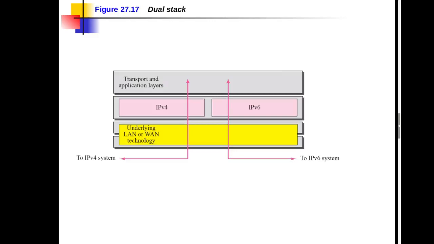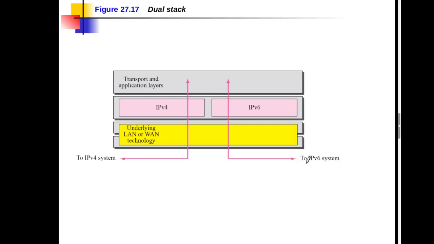In dual stack, all the software and computers dealing with the TCP/IP stack will have both options, IP version 4 and IP version 6. Suppose on a particular router, on this side you have systems related to IP version 4 and it is connected to two different systems with IP version 4 and IP version 6.